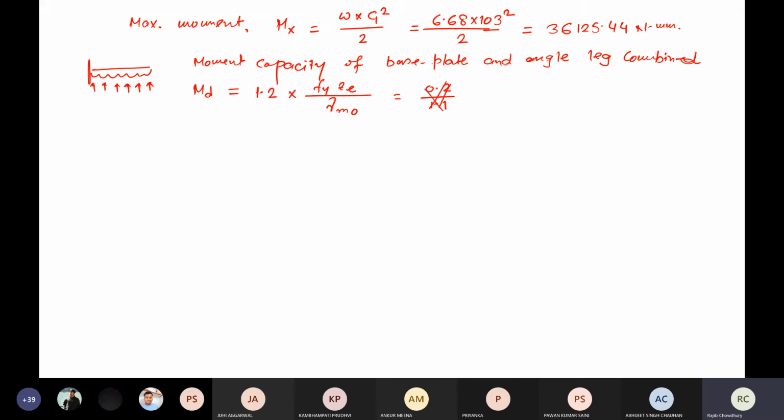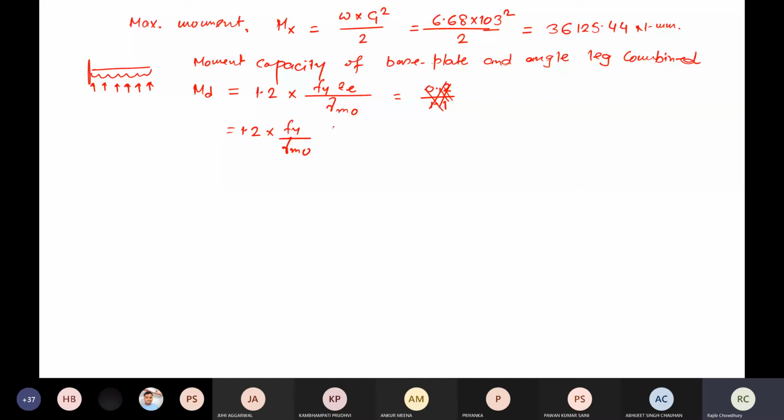1.2 times Fy divided by gamma m naught times the sectional modulus, right? 1 multiplied by t square divided by 6.